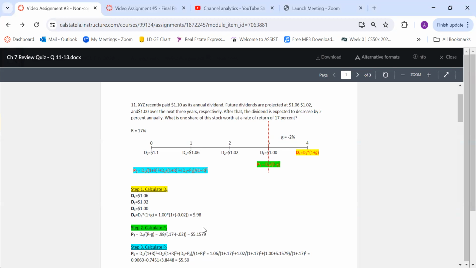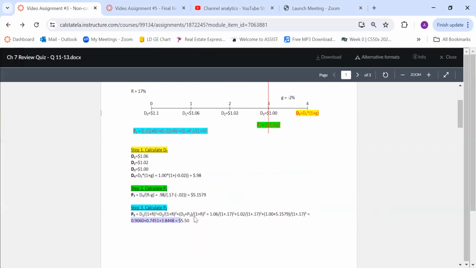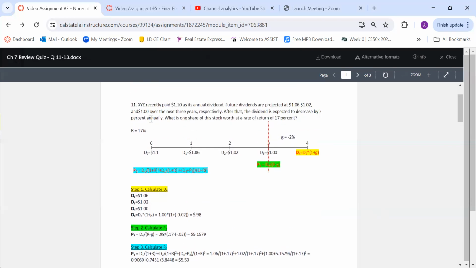Inputting all the information, that's 1.06 divided by 1 plus 0.17 to the first, plus 1.02 divided by 1 plus 0.17 to the second, plus 1 plus 5.1579 divided by 1 plus 0.17 to the third. We get P0 of $5.50 at time 0.